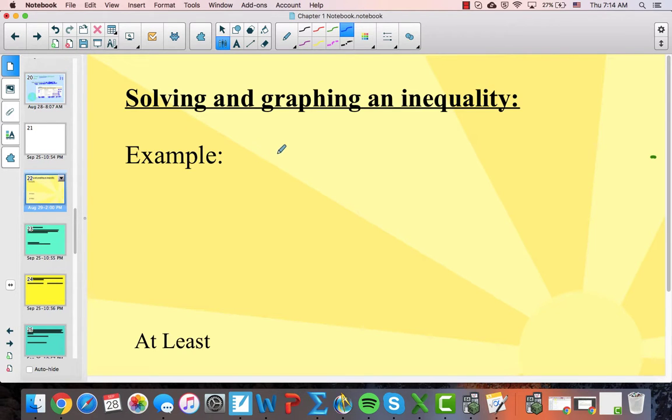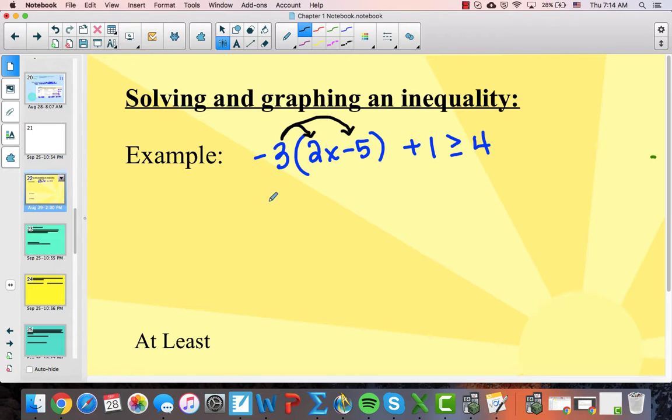Okay, so our inequality is -3 times (2x minus 5) plus 1 is greater than or equal to 4. Okay, so we solve it like we solve an equation. The first thing in this situation we'd have to do would be distribute the -3 and simplify.